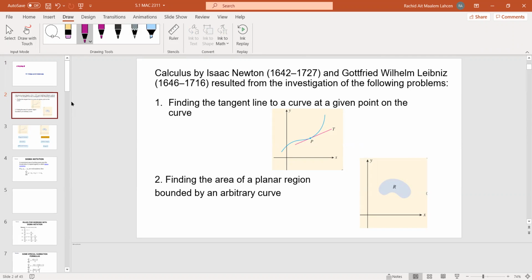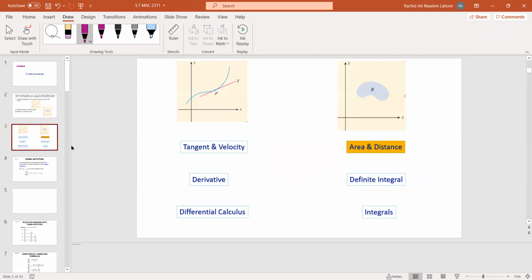So when they investigated this, of course, the one you saw is the tangent and the velocity problem. Remember that velocity problem where we started with tables and all that? Then we moved into the object motion, and the first derivative is velocity, the second derivative is acceleration.